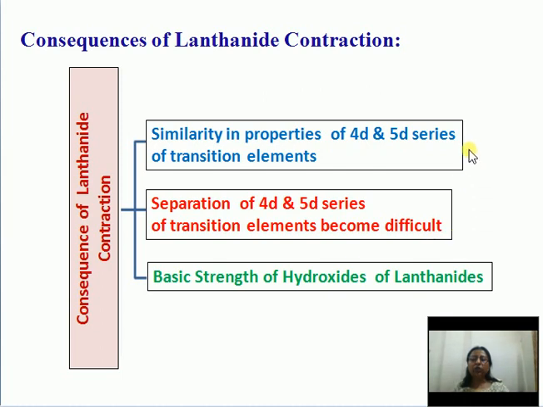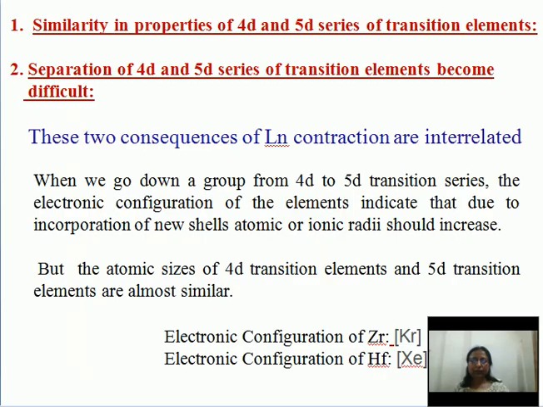These 2 topics are interrelated. Then we will also be able to tell about the basic strength of hydroxides of lanthanides. So here I'll discuss these 2 topics together, as I have already told you that they are interrelated.